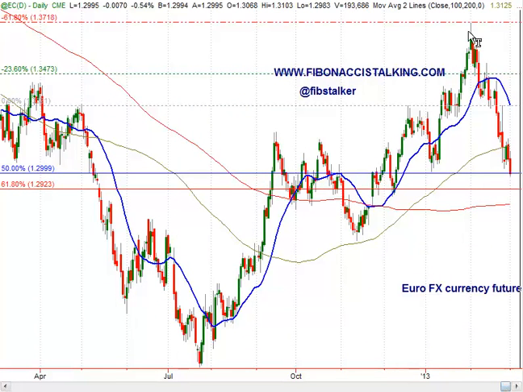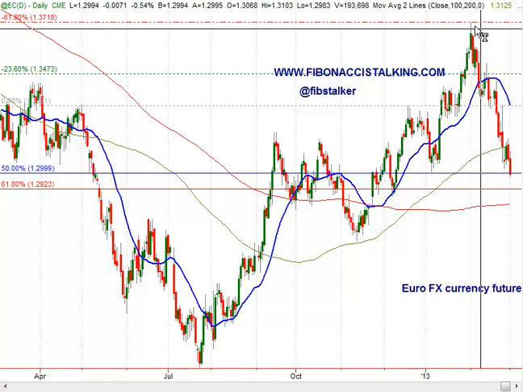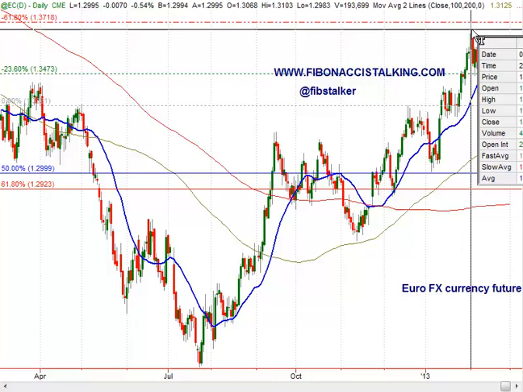So the second target was hit at the very beginning of this move lower, and actually the profit taking that ensued here in 138.17, that high was 138.15, started this move lower.